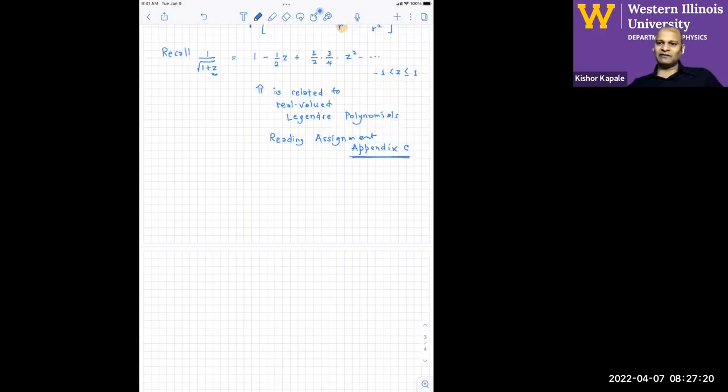So if you have, let's say, azimuthal symmetry, meaning there is no phi dependence, so you have a charge distribution where the top hemisphere has a positive charge density because it's positive theta, and then the bottom hemisphere has a negative charge density.